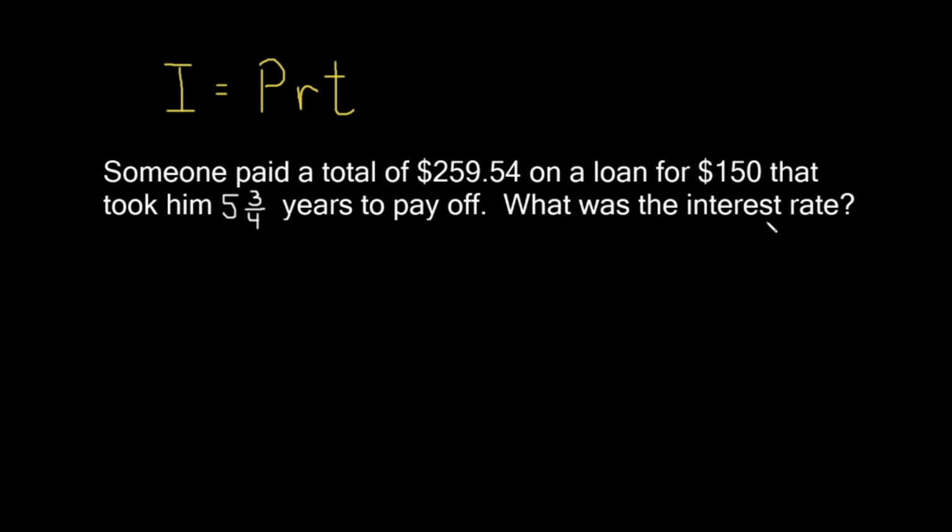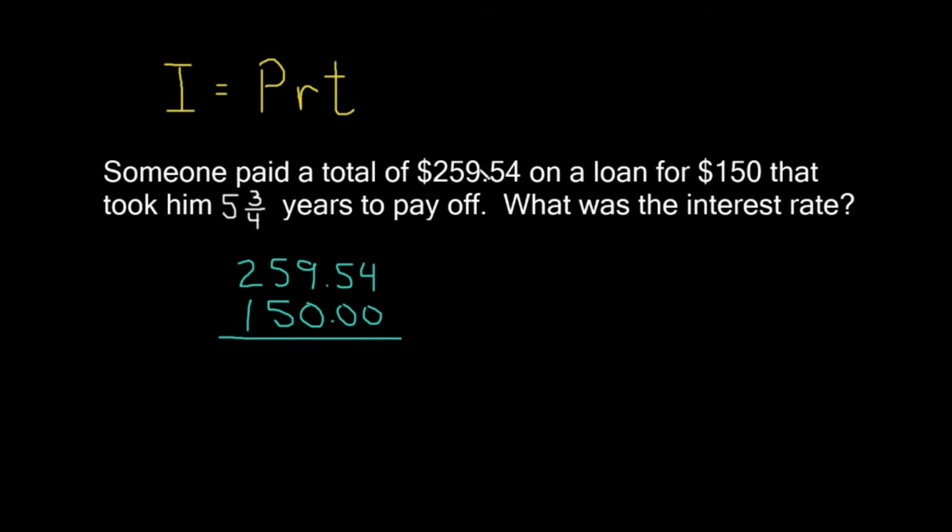So the easiest way to do this is let's first figure out what was the interest. The total was $259 and 54 cents, and we need to subtract the actual loan amount of $150. What this is going to do is give us just our interest.